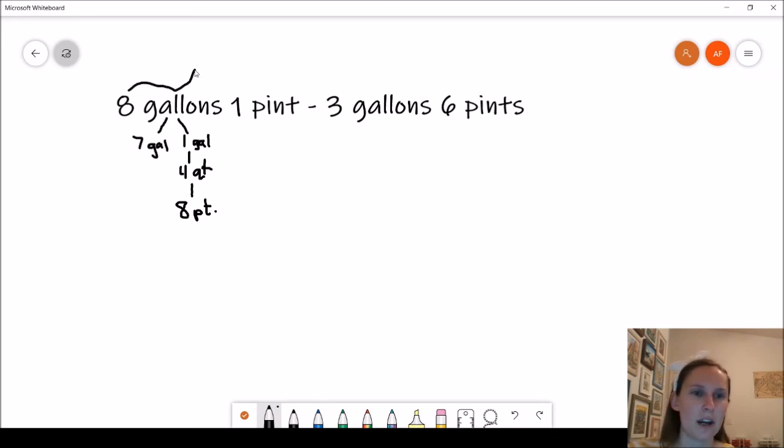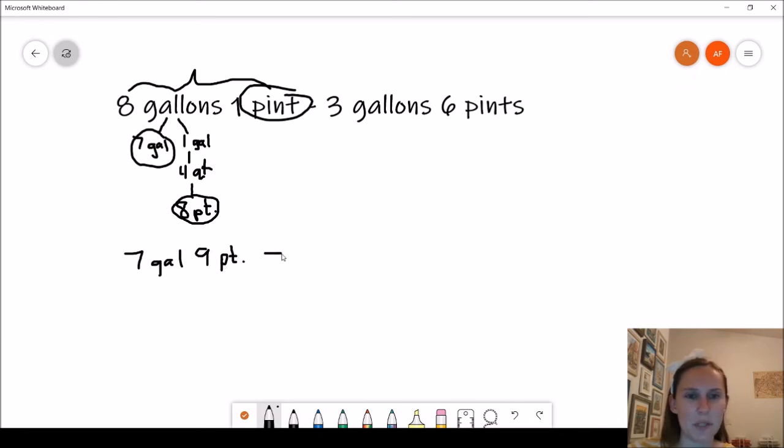So in all here, I have 7 gallons and 9 pints. 7 gallons and then 8 pints plus 1 pint is 9 pints. So I have 7 gallons, 9 pints, and I want to take away 3 gallons, 6 pints.